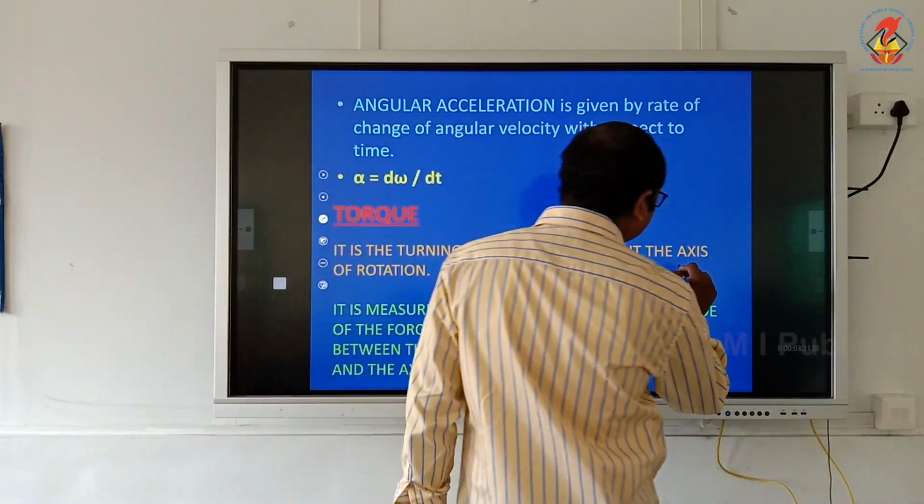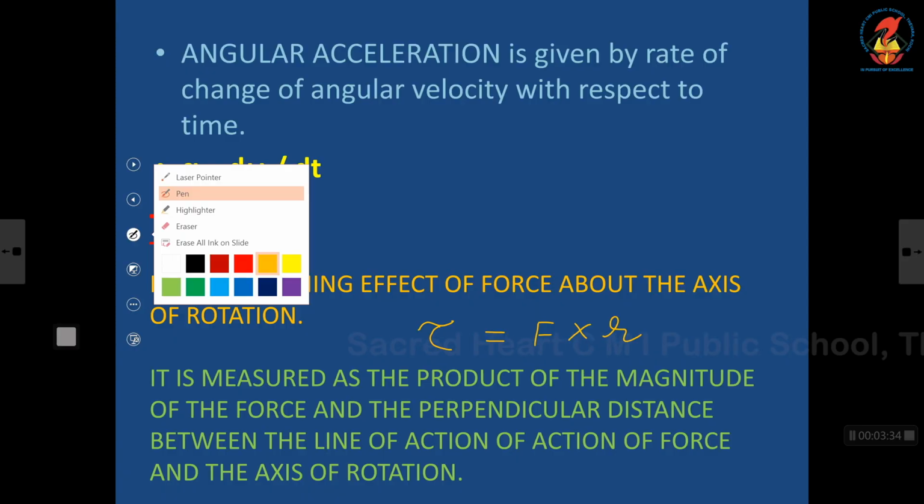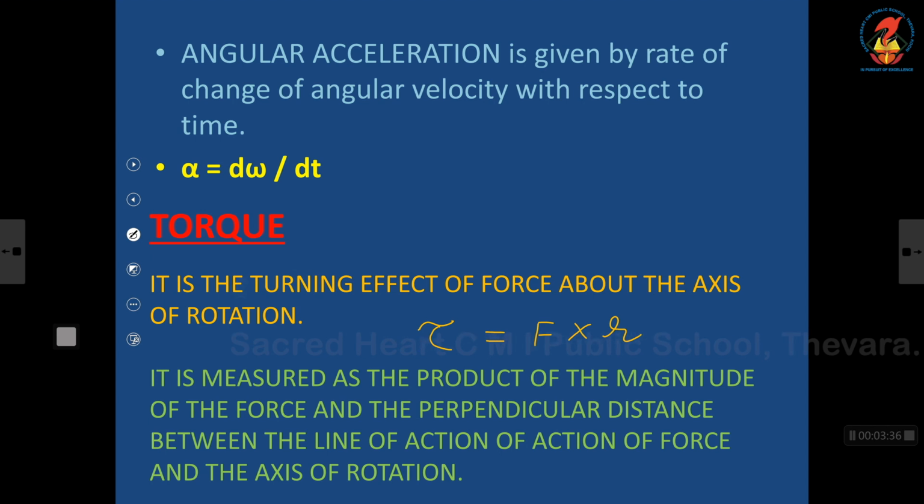So the SI unit of torque is Newton meter.